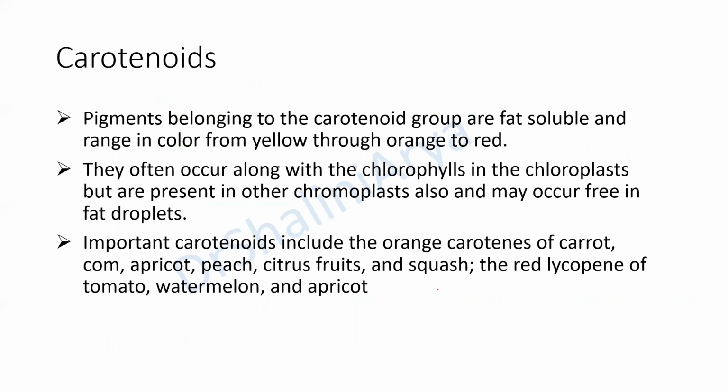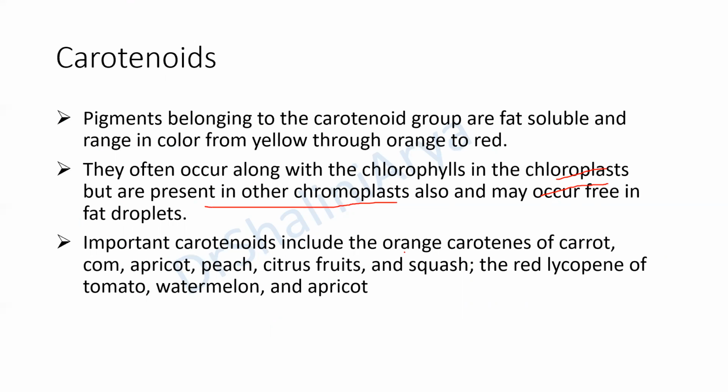Further, what are carotenoids? Carotenoids are pigments belonging to the carotenoid group, and again they are fat soluble. They range in color from yellow to orange to red. They often occur along with chlorophyll in the chloroplast, but are also present in other chromoplasts, and may occur free in fat droplets.